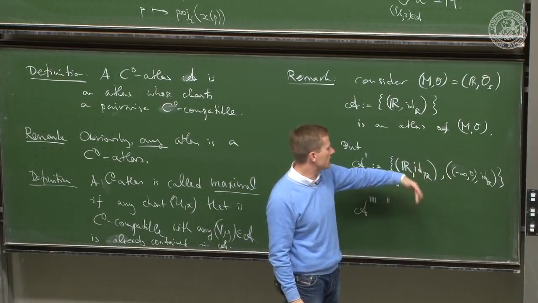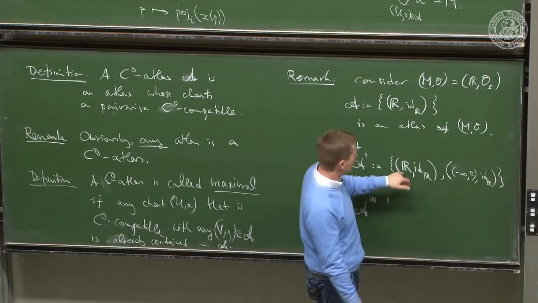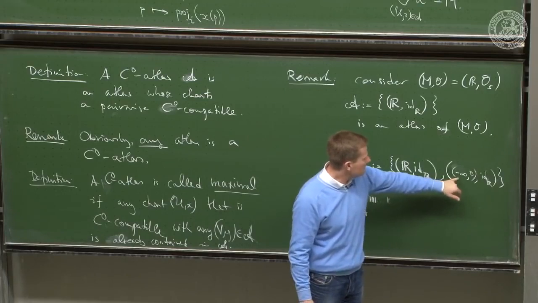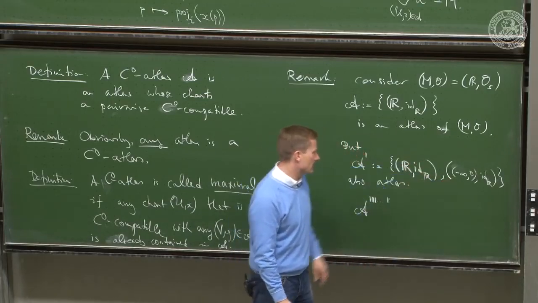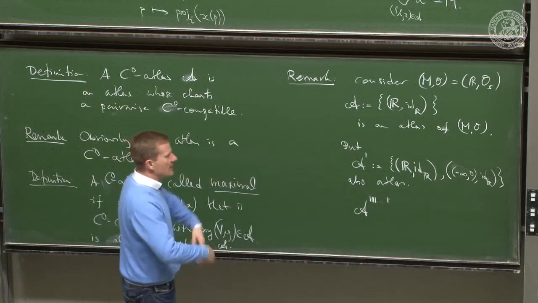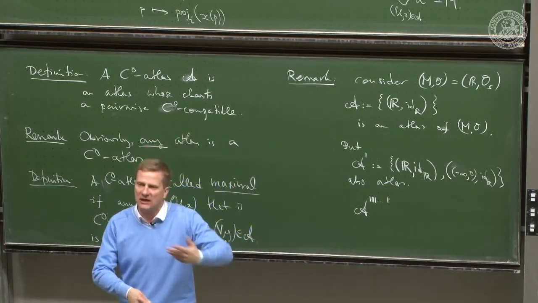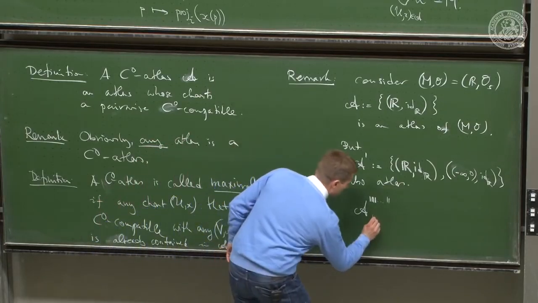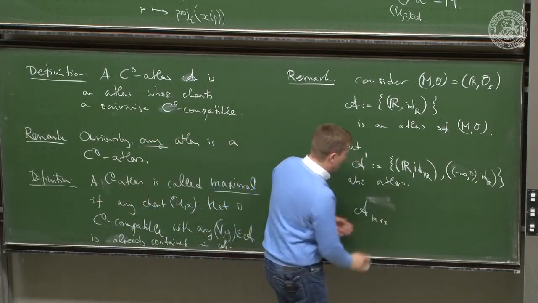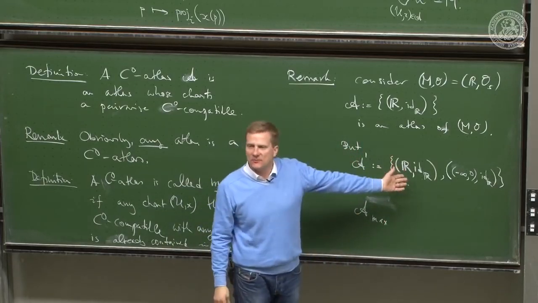For instance, you could take another chart where you take R without the, no, that's not, polar coordinates are not very meaningful here. Well, anyway, you come up with various charts, and you can add more and more charts, and any new chart will be compatible with the old. Well, the maximal atlas will be a maximal atlas once you added all the charts that are compatible.